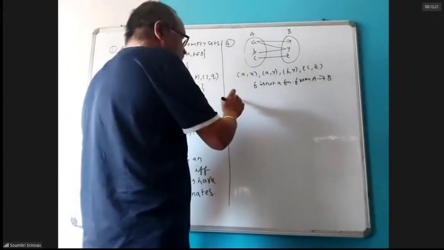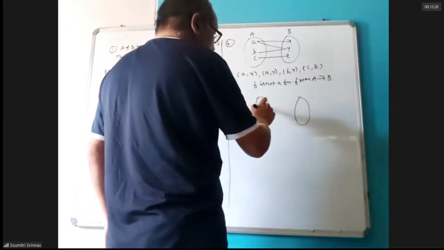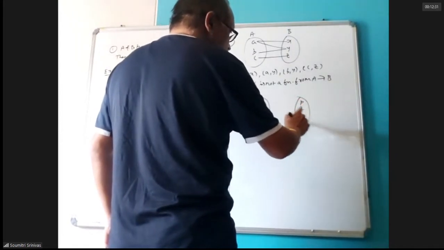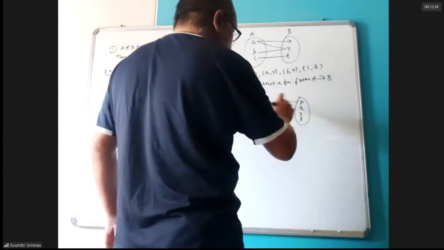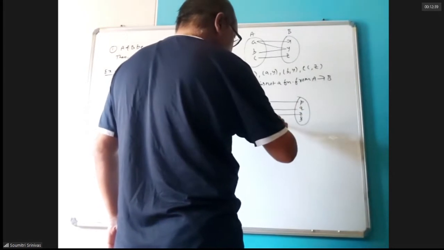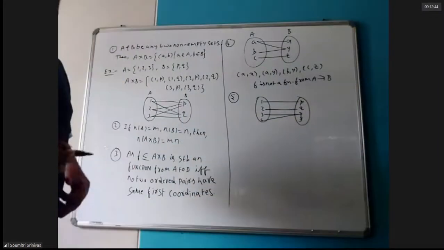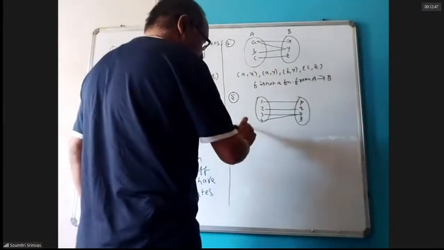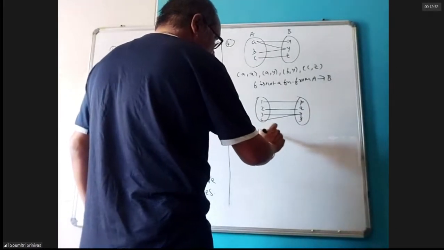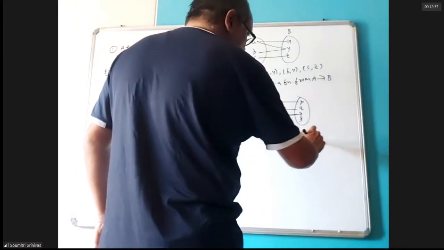Look at this. One more example. Write this in terms of ordered pairs. How do you write this? (1, p), (2, q), (3, r), (4, r).